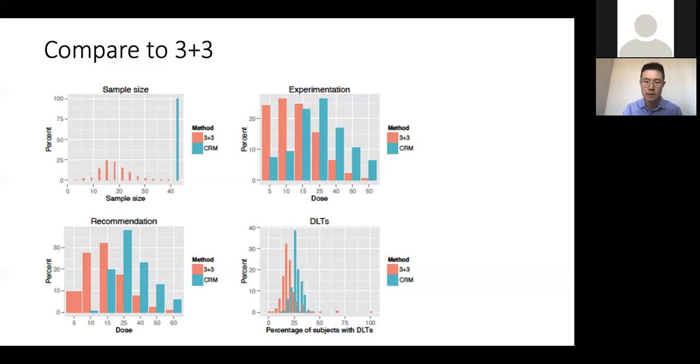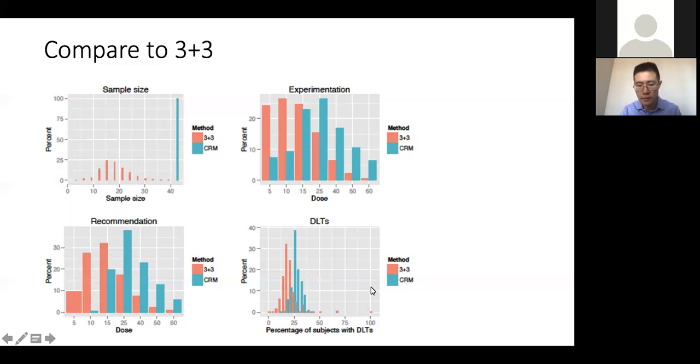Okay, and the last figure on the right bottom, this one, is the percentage of subjects with DLTs within a trial. At first, you might think the 3+3 design is safer than CRM. Right? You can see most of the simulated trials have a percentage of DLT of around 18%.